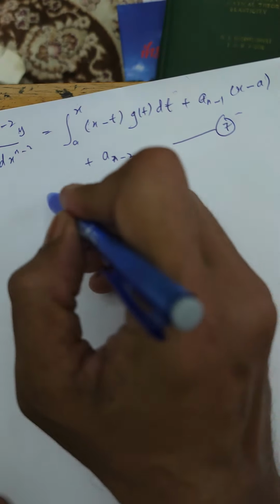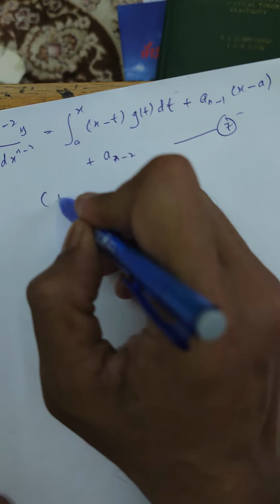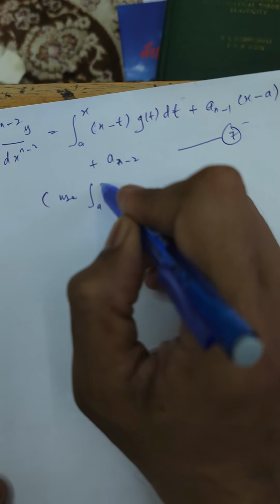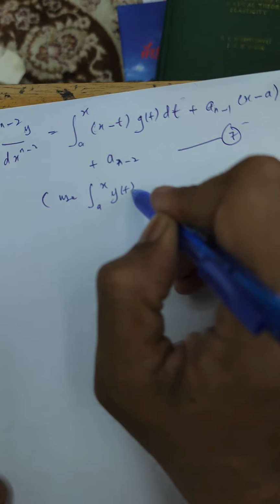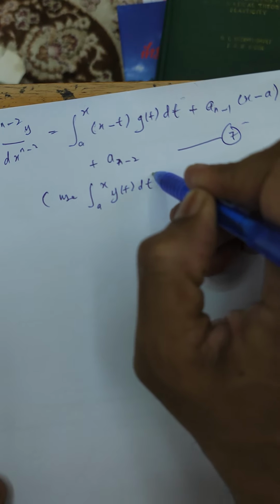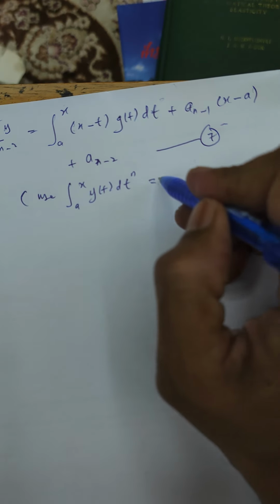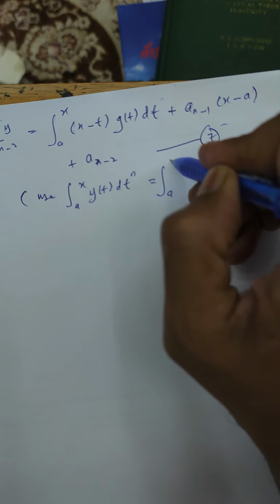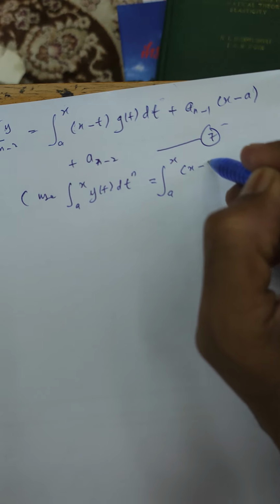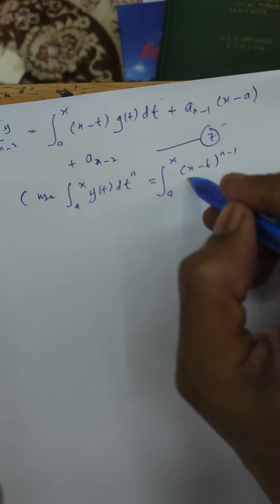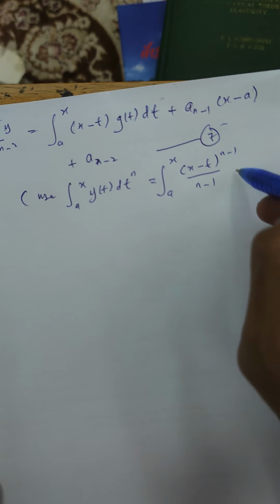Here we use the integral from a to x of y(t) dt, n times, which means we integrate n times, as the integral from a to x of (x minus t)^(n-1) over (n-1)! times y(t) dt.